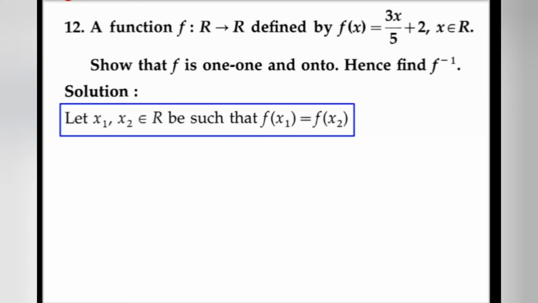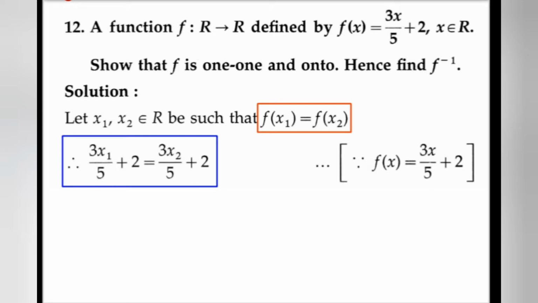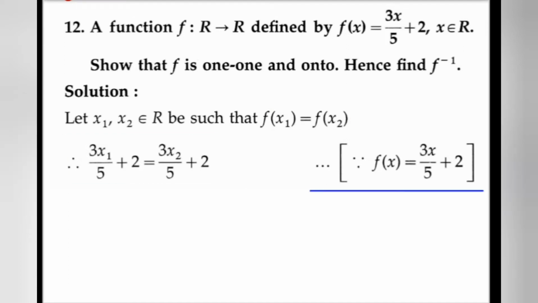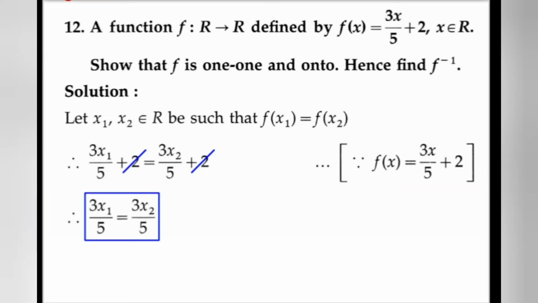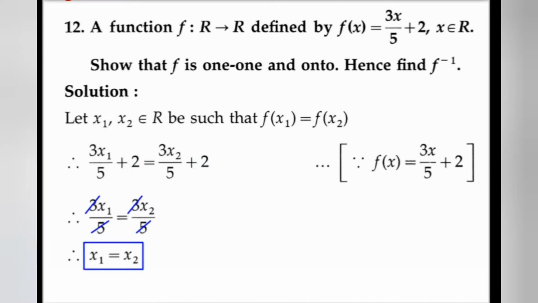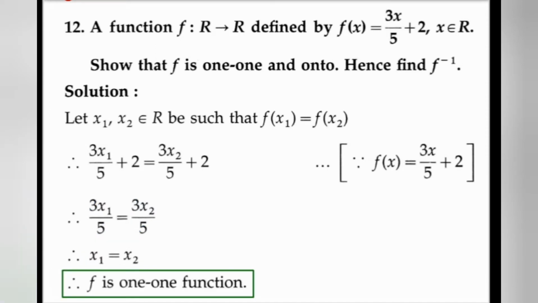Solution: let x1, x2 belong to R be such that f(x1) = f(x2). Therefore, 3x1/5 + 2 = 3x2/5 + 2, since f(x) = 3x/5 + 2. Therefore, 3x1/5 = 3x2/5, which means x1 = x2. Therefore, f is a one-one function.